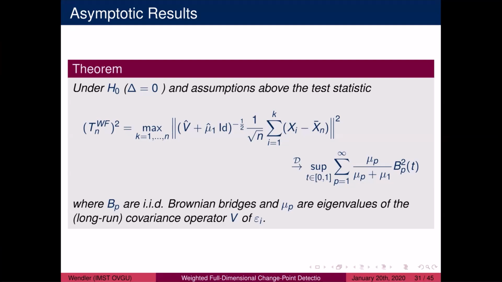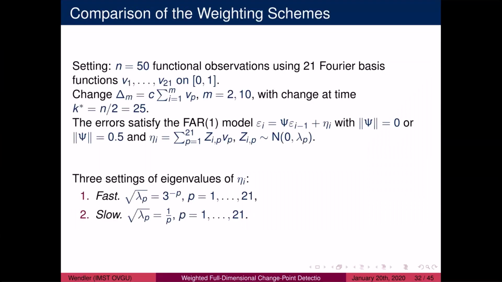Now we have again a complicated limit. You might ask yourself if you can evaluate it. Yes, you can. You can do it either with bootstrap, or you can estimate these ratios and then do some Monte Carlo simulations.